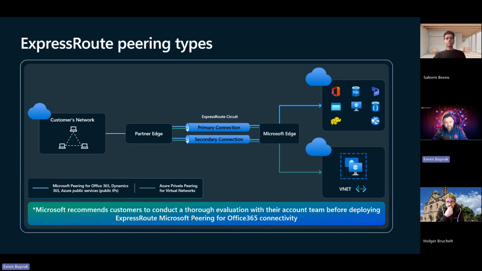From the routing perspective, it requires route filters that you can establish to define which prefixes are going to be advertised. This is important. Then on security, it uses NAT firewalls at the Microsoft Edge, which I mentioned in the first slide, and you can also see this is the partner Edge.